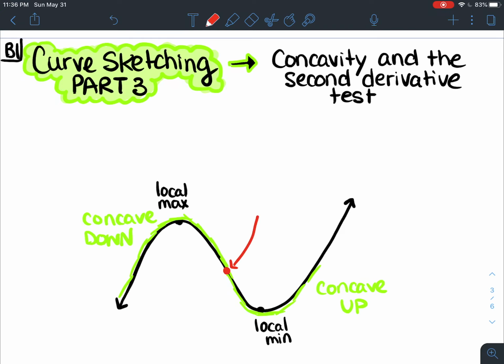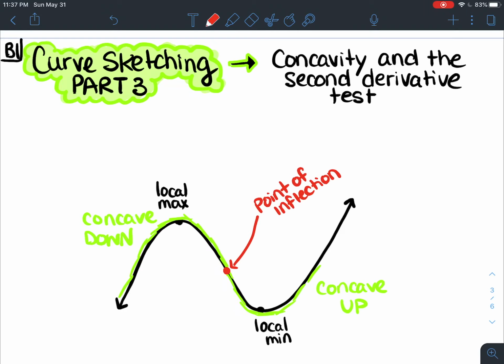And this special point is called a point of inflection. That's where the graph changes from being concave down to concave up, or vice versa. There can be multiple points of inflection on your curve, or just one. And we're going to use the second derivative to find out the location of those points of inflection.